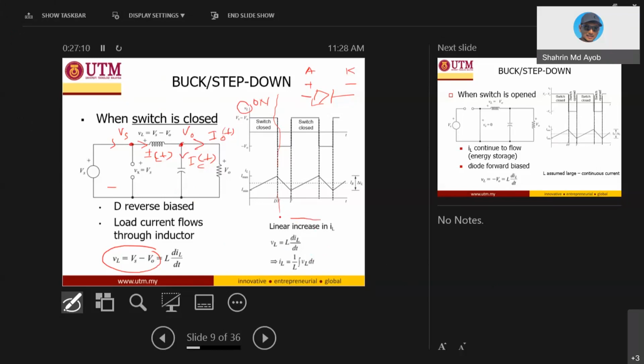Linear increment in the IL, which is a positive ramp. It increases from I min to a maximum value. So why is it a linear increment? You can see this from this equation. VL, which is the voltage across the inductor, is L di over dt. Then you manipulate this one, so your IL is equal to 1 over L times the integration of VL.